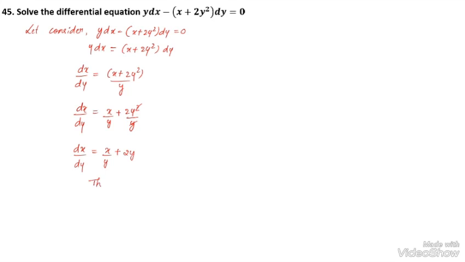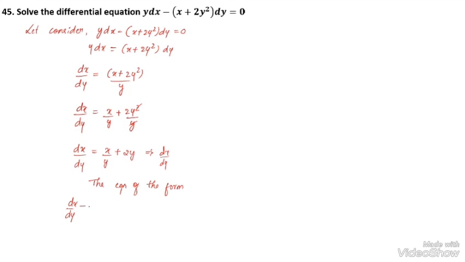The equation of the form dx by dy minus x by y is equals to 2y.